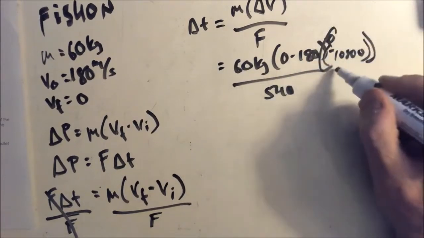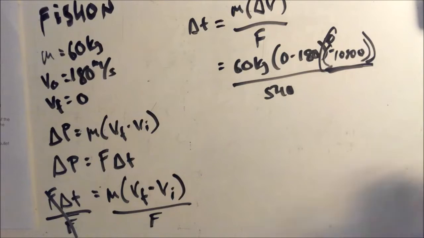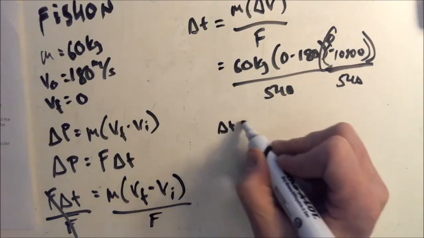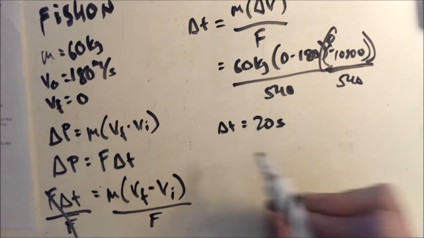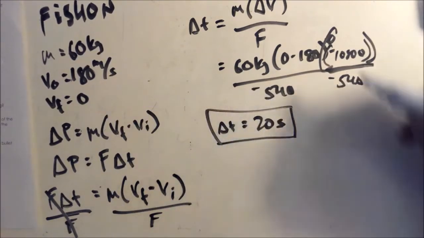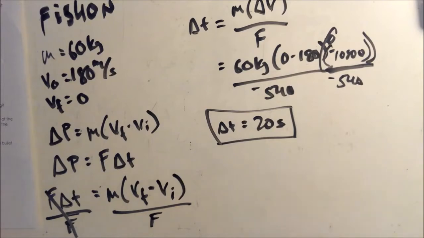I'm just writing it down so I don't forget right here. Divided by 540, we have a time of 20 seconds. Okay, these negatives cancel out. We have 20 seconds. Okay, good.